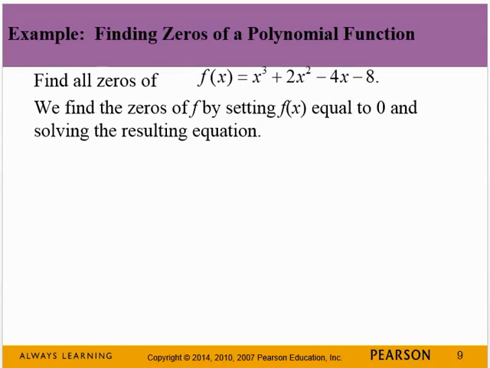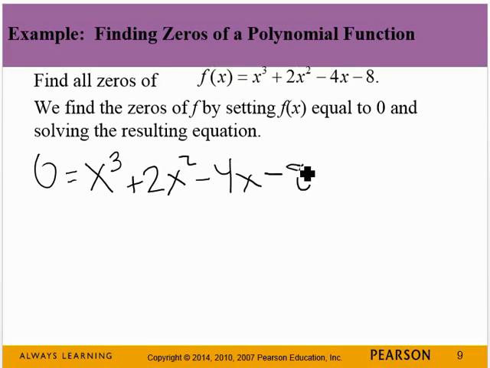We find zeros by setting f of x to 0 and solving the resulting equation. So we have to set it equal to 0 and solve. You have 0 equals x to the third plus 2x squared minus 4x minus 8.